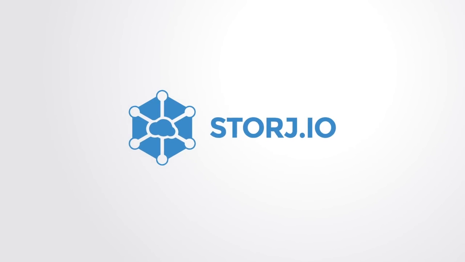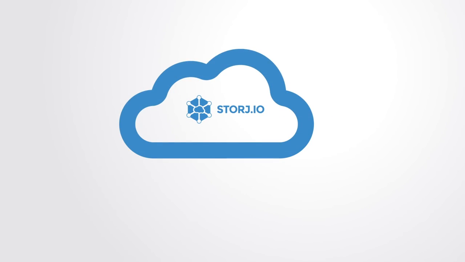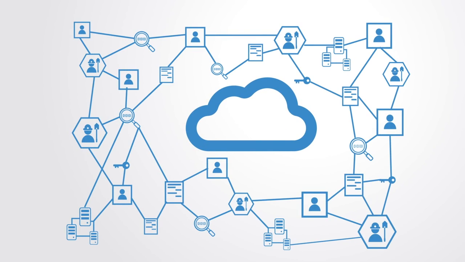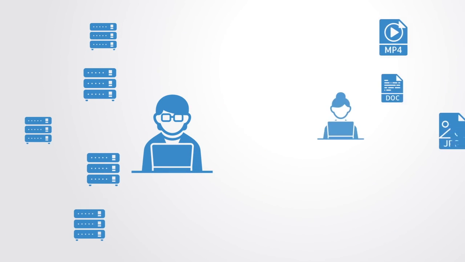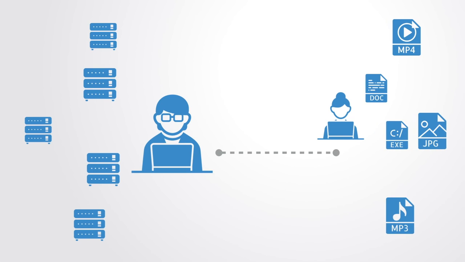Another example is Storj, which is a decentralized cloud storage application similar to Dropbox. Storj is based on blockchain technology and peer-to-peer protocols to provide a secure, private, and efficient cloud storage system. The application incentivizes storage providers and connects them with those who require it.